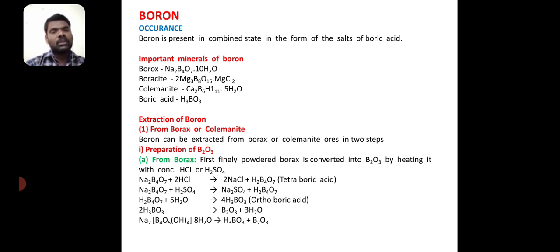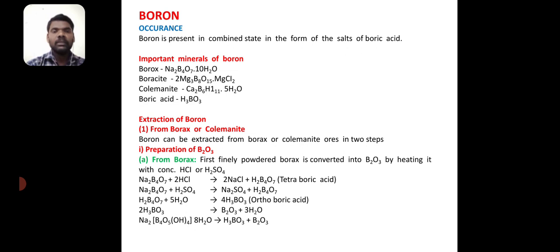For example, Na2B4O7, that is borax, when treated with HCl, forms sodium chloride and H2B4O7, tetraboric acid. Likewise, borax treated with sulfuric acid forms sodium sulfate, and we also get tetraboric acid.